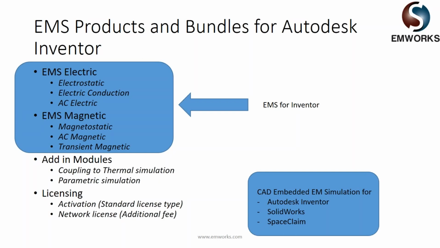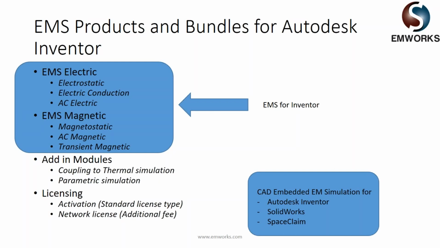Then the next classification is the magnetic classification, which is EMS magnetic. That consists of three different study types: magnetostatic, AC magnetic, and transient magnetic, where we have coils and currents and excitation and the magnetic field due to these things. That's when you will use the magnetic module.